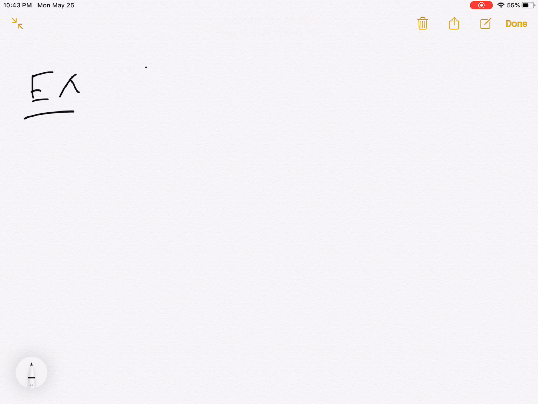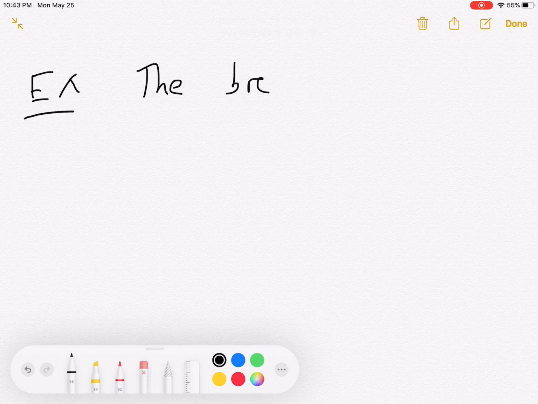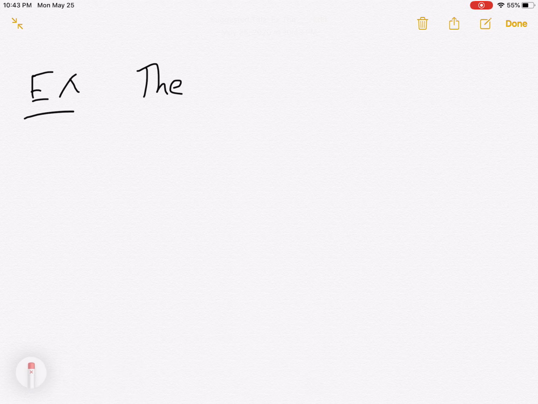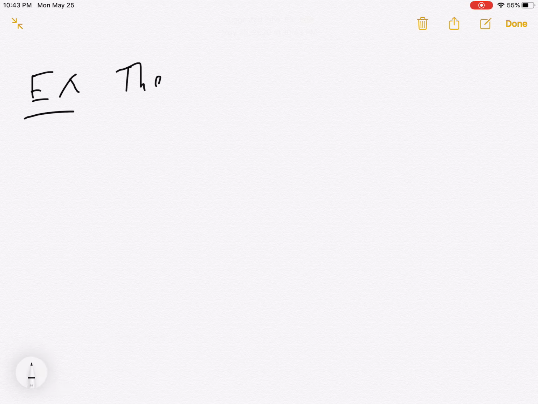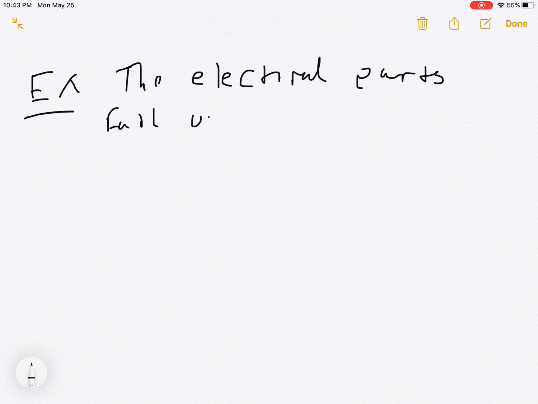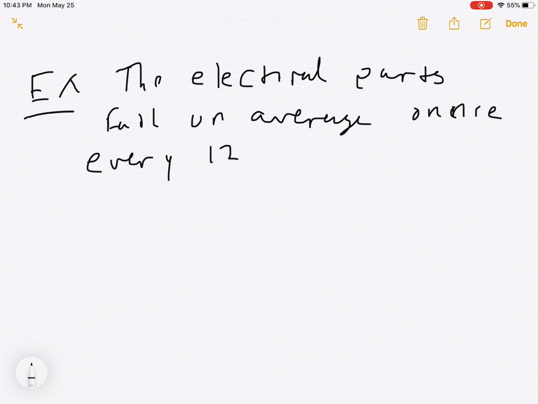The electrical parts fail on average once every 12 years.